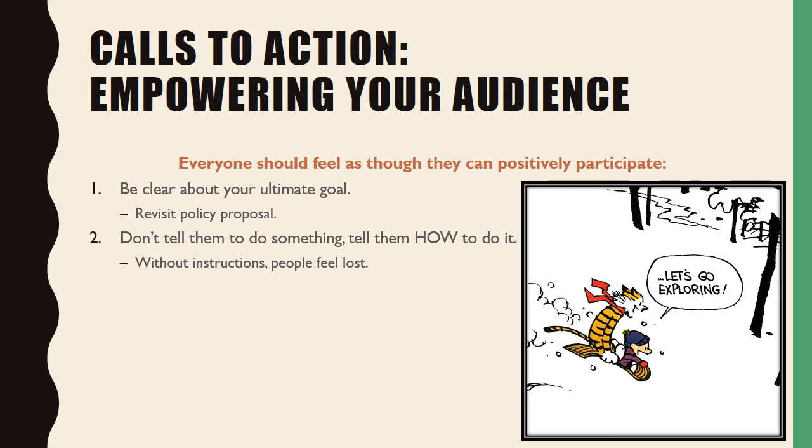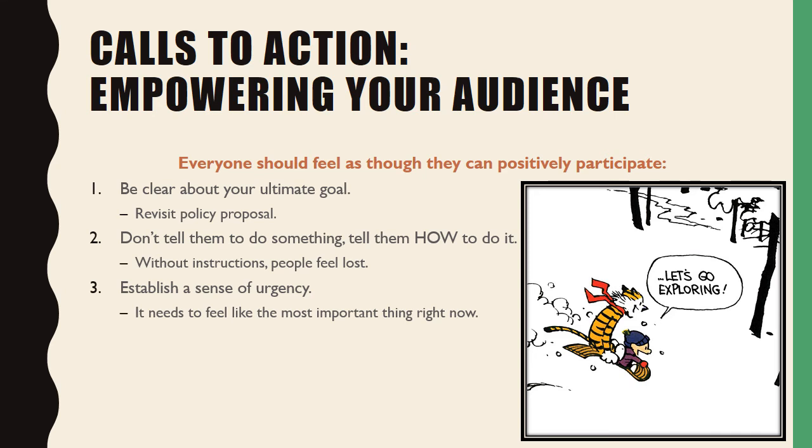You want to describe to them how they can do it. So if you just say, okay, now go do this thing, they're going to feel powerless. They're going to feel lost. But if you say, here are some steps for how you can do this thing, for how you can achieve your policy proposal, then they're not going to feel as lost. They're going to feel as though it's a capable achievement.